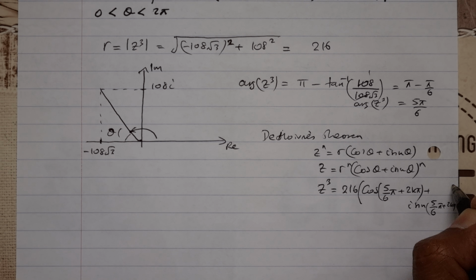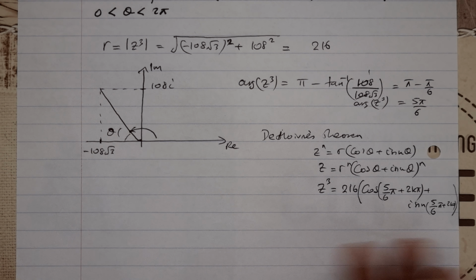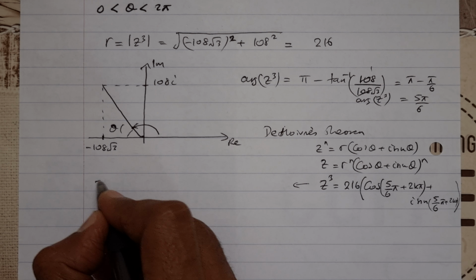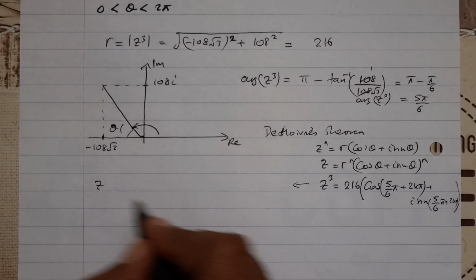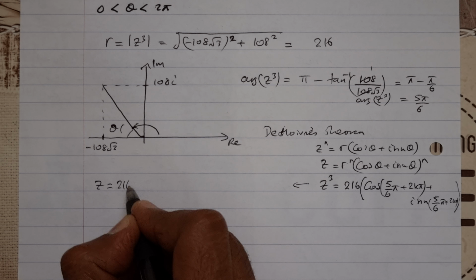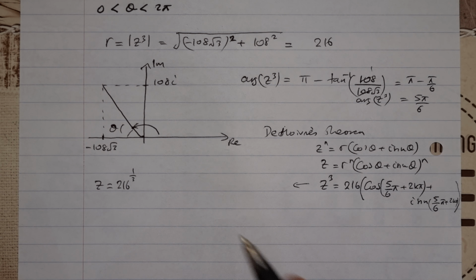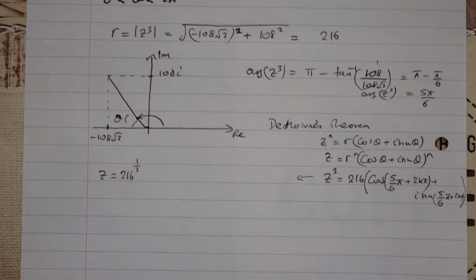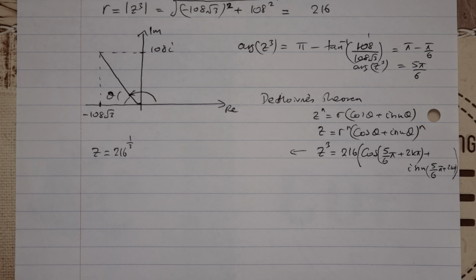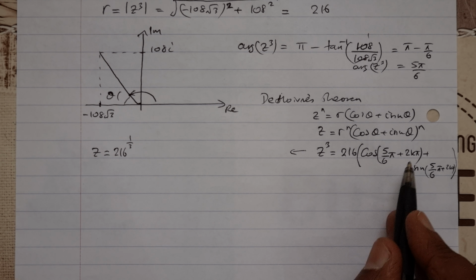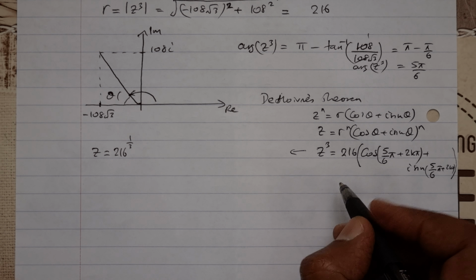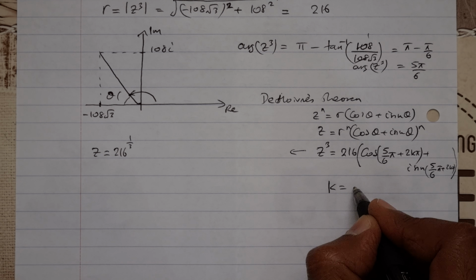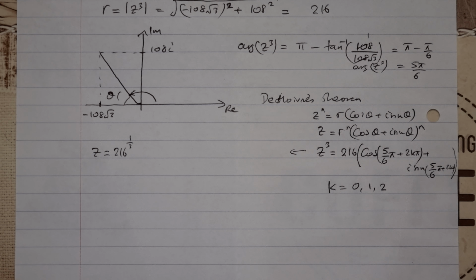Now z is equal to the cube root of 216, that's 216 to the power of 1/3. The angle is 5 over 6 pi plus 2k pi. We are looking at a cube here, that means k is going to be equal to 0, 1, and then 2.